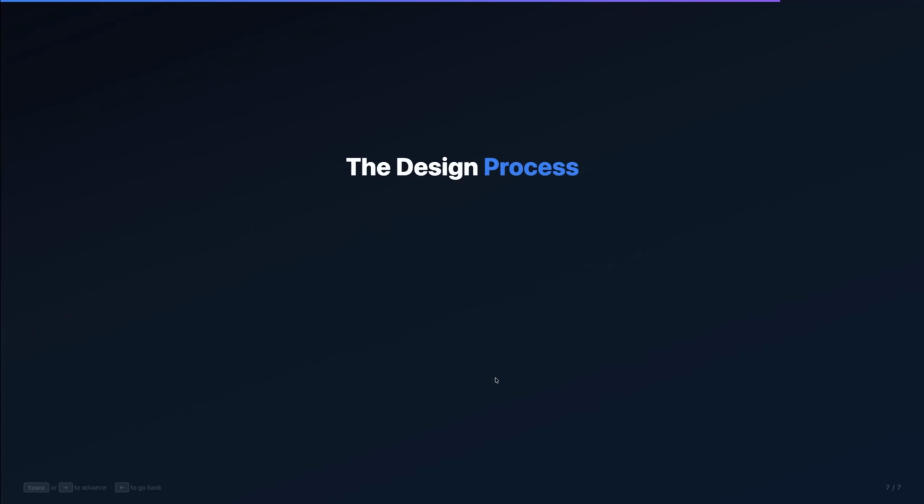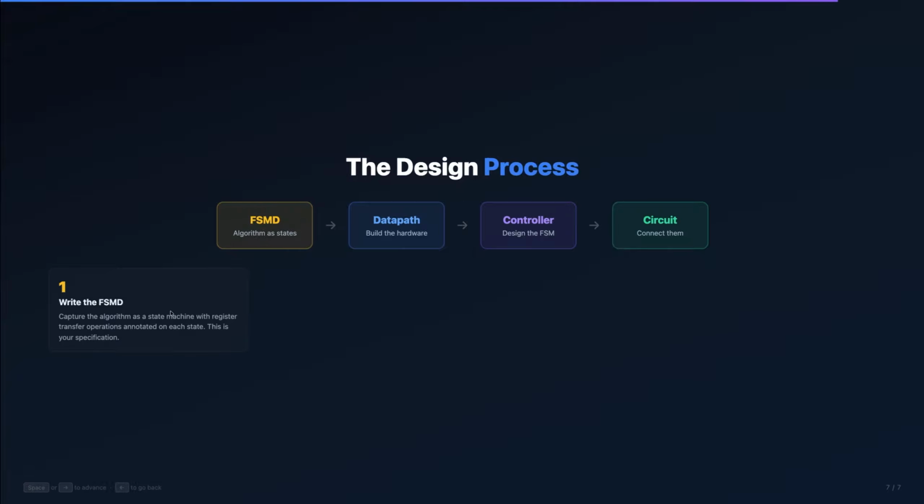All right, so here's the way I want you to think of the process that we're going to go through. We're going to work through several examples of this, and then we're going to relate it back to Verilog and HDL approaches. The first is we help put together our ideas for design with an FSMD, where we have an idea of how the architecture should go, how the algorithm should go. We come up with ideas and we represent that in a single diagram. From there, you can build out a data path that will support the FSMD.